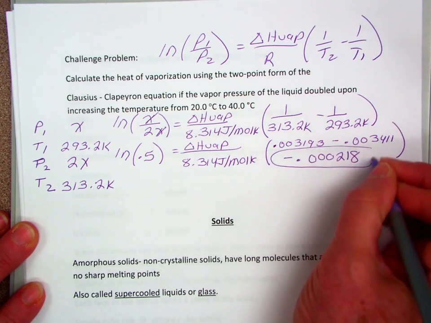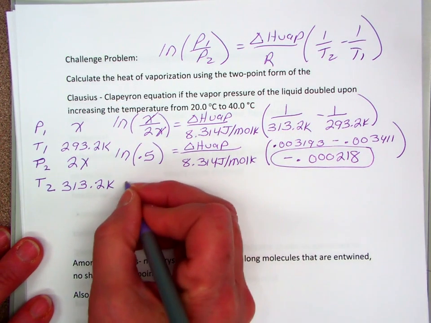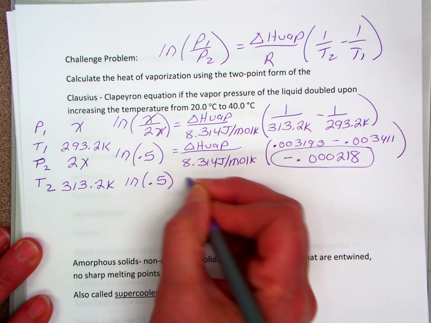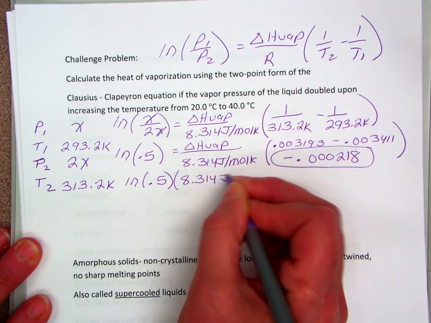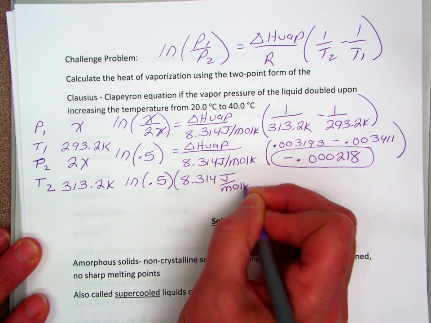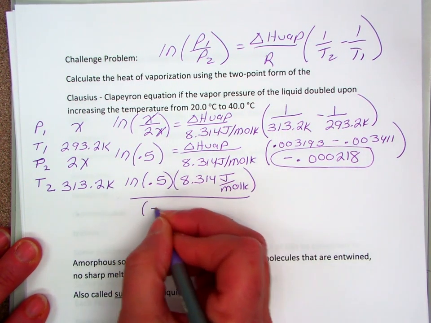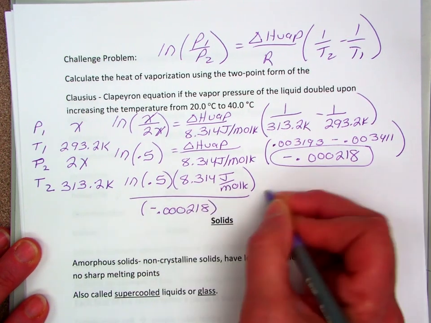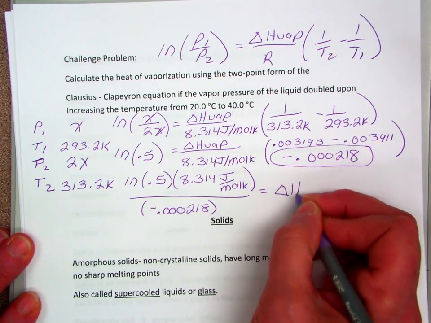So this is the number I'll be using to multiply. So when I rearrange now, we have the natural log of 0.5 times 8.314 joules per mole Kelvin divided by a negative 0.000218 is equal to delta H.